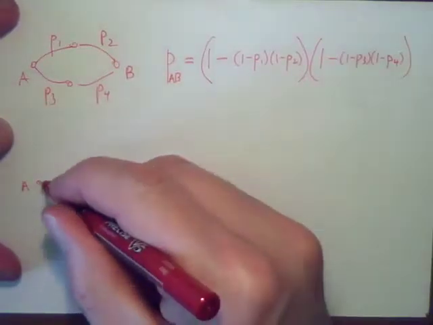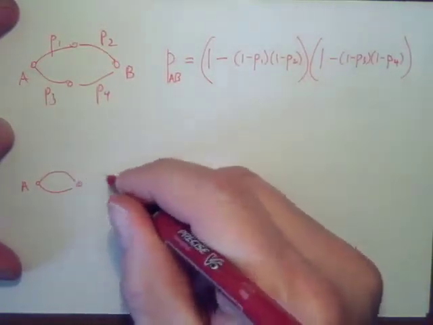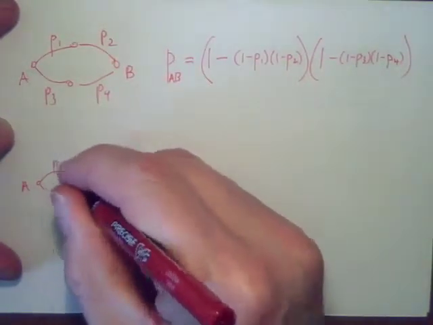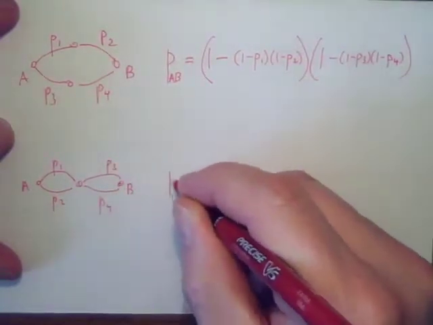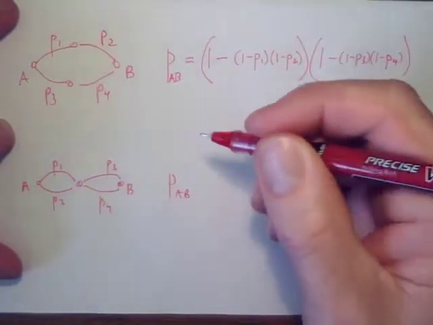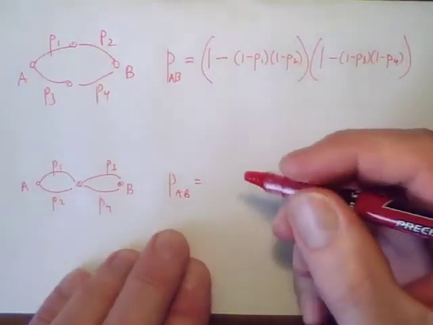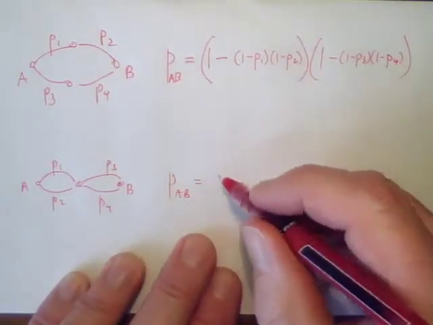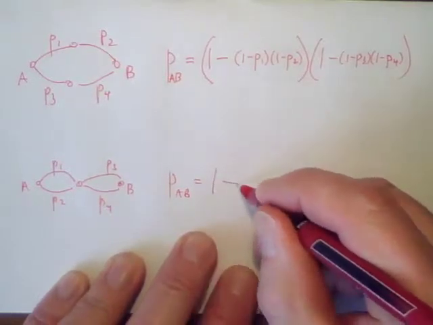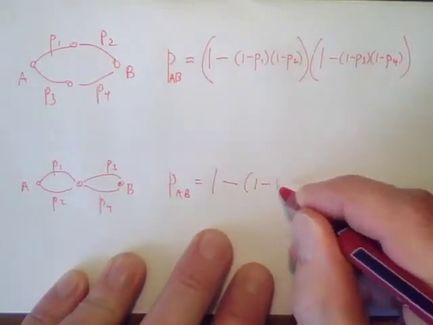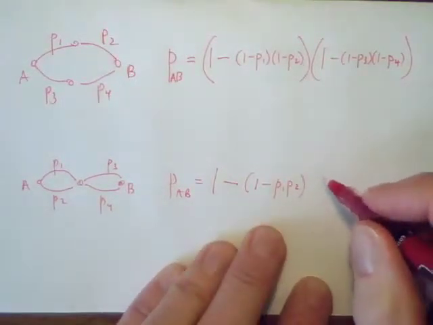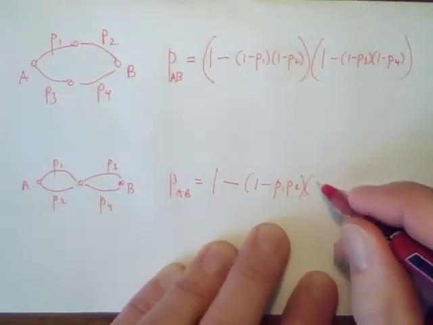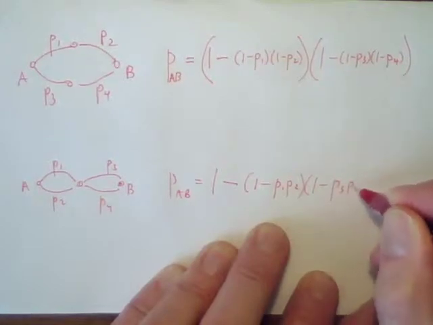And similarly, if I go from A to B over parallel links with probabilities P1, P2, P3, P4, I'm going to get P block from A to B equal to 1 minus the quantity 1 minus P1 P2 times 1 minus P3 P4.